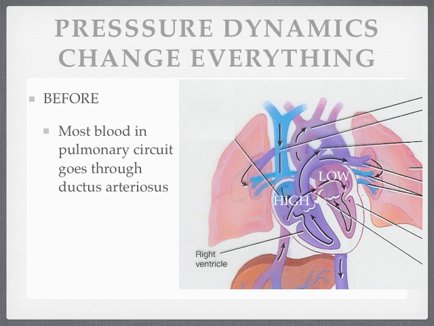And of course, the pressure is lower because most of the blood in the pulmonary circuit is going out through the ductus arteriosus and out into the aortic arch. What is interesting is that both the aorta and the pulmonary trunk are pumping out into the aorta.